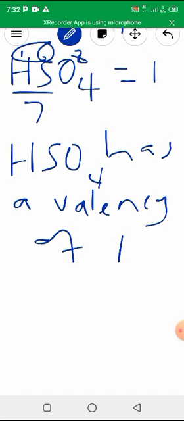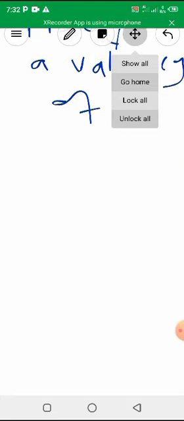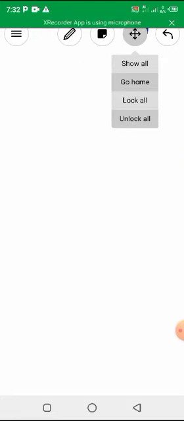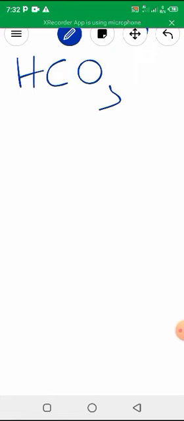Let's talk about hydrogen carbonate radical. Hydrogen is group 1, carbon is group 4.